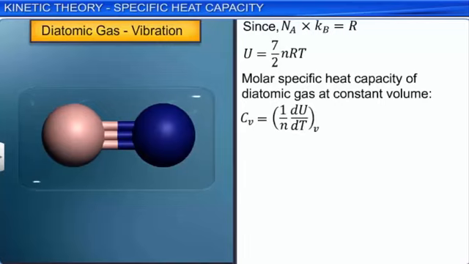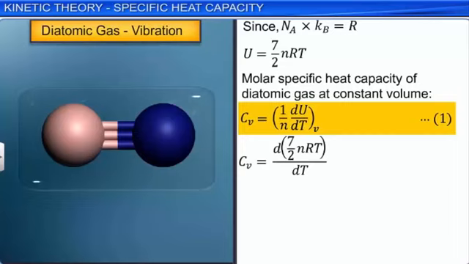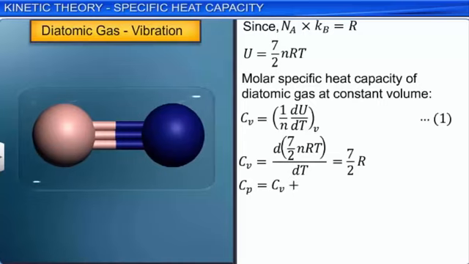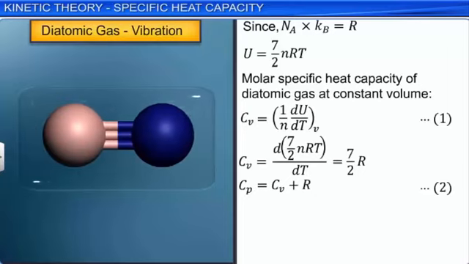By substituting the internal energy of a diatomic gas in the above equation, we get the specific heat capacity at a constant volume, Cv, is equal to 7/2 R. From the relationship between Cp, Cv and R, Cp is equal to Cv plus R. We get Cp is equal to 7/2 R plus R, which is equal to 9/2 R. Gamma is equal to Cp by Cv.